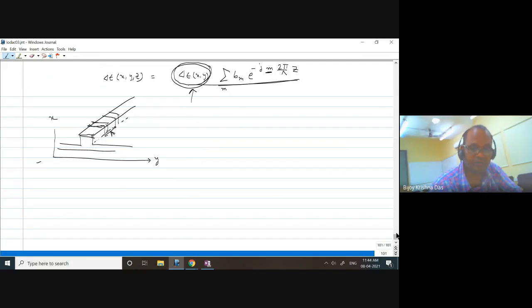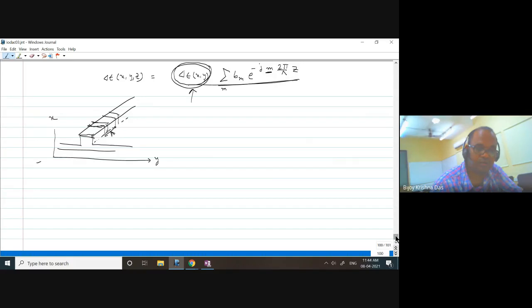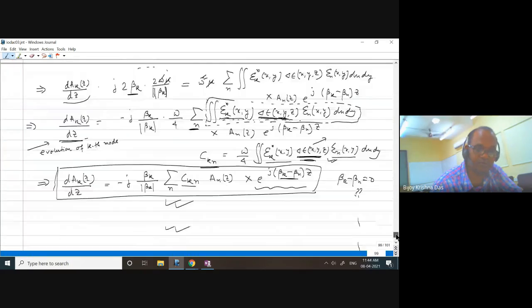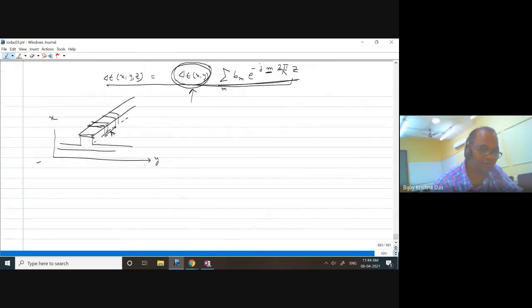In the previous equation, this perturbation term, delta epsilon xyz, I will write instead as this one. So what will I get?